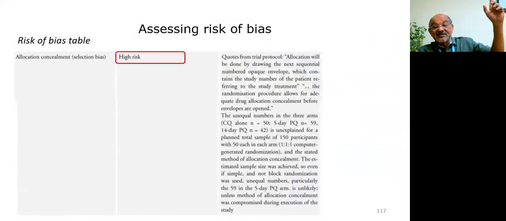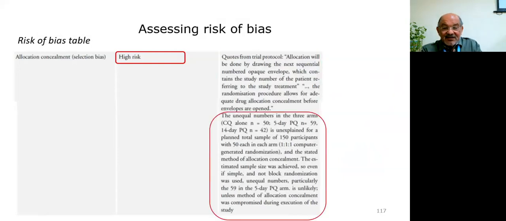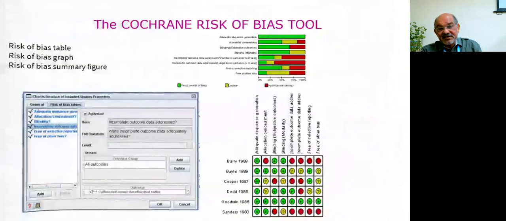Allocation concealment, high risk. So we are explaining that if they completed the whole 150, then there is no way they can have anything but 50-50 in each arm. So something was compromised here. So we are saying high risk of bias. Okay? And for the other domains also we will give our reasons.